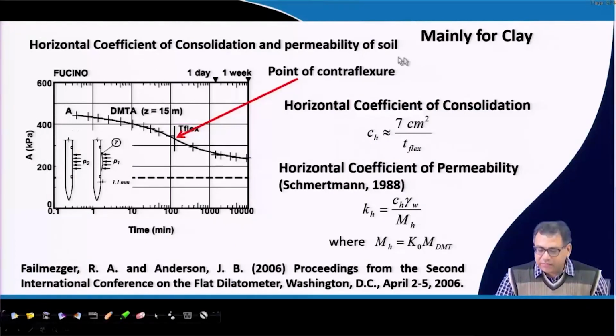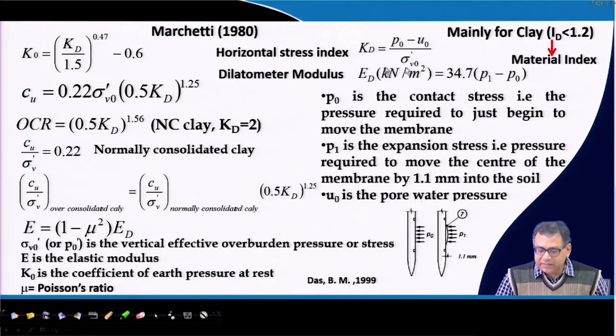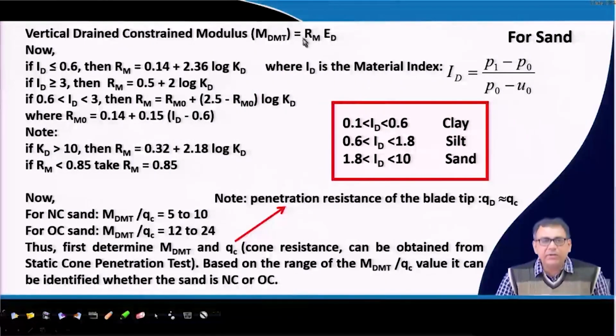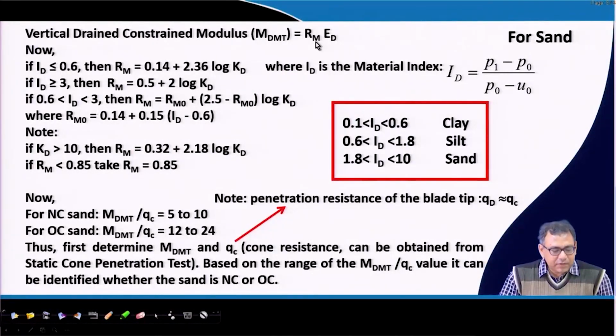ED I will get from this expression, and how will I get the RM? RM I will get by using these conditions. So, to get the RM we have to identify the ID, which is called material index. ID I will get by using this expression, P1 minus P0 divided by P0 minus U0.